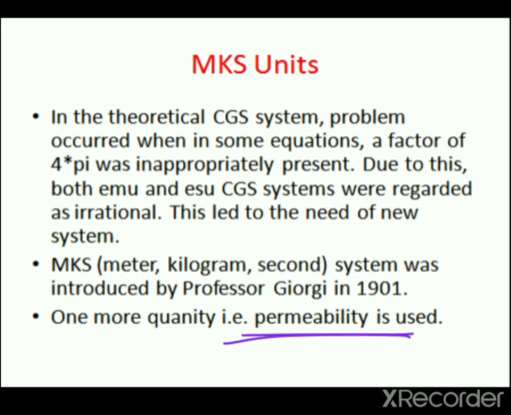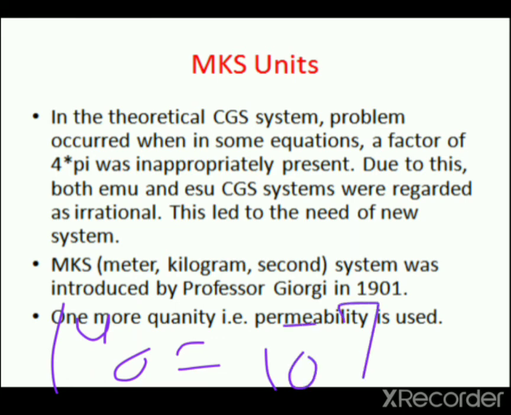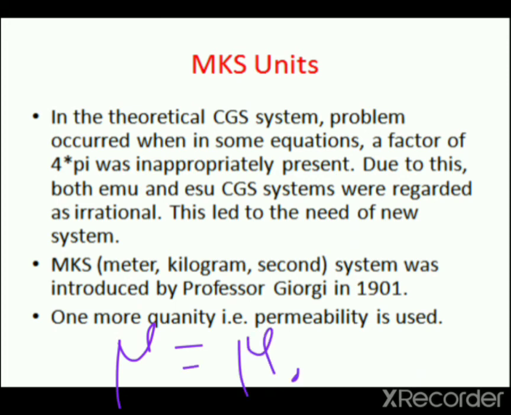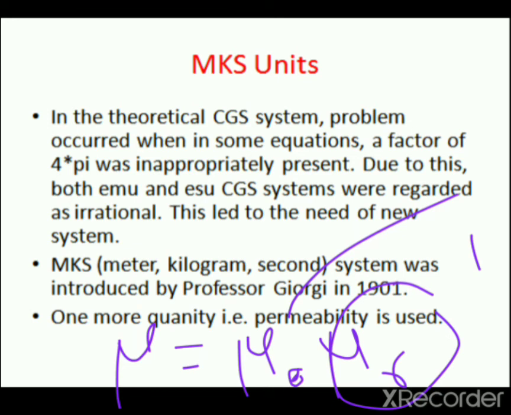Permeability of free space is taken as mu0 equals 10 raised to minus 7, and permeability of any medium can be expressed as mu equals mu0 into mu r, where mu0 is unity in CGS system, and mu r is relative permeability.